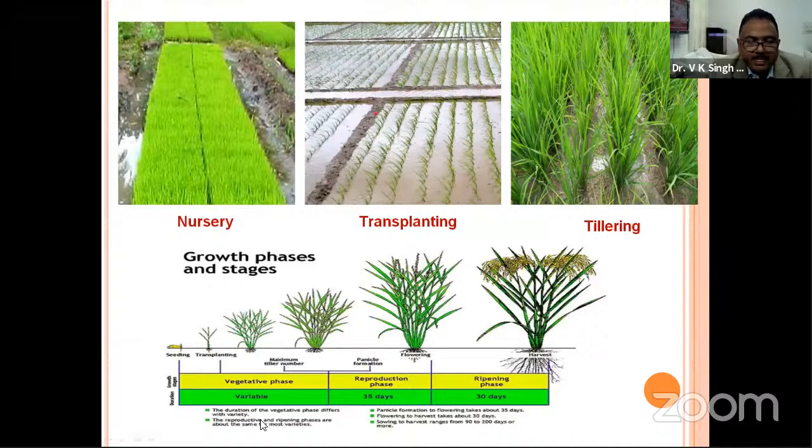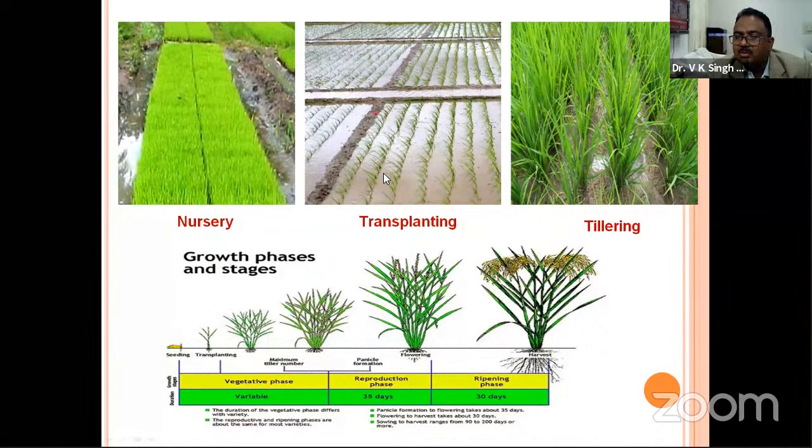Again, see the different phases of rice. This picture you might have seen. Once we transplant the rice crop, what happens? The recommendation is you apply nutrient here, but there is no need to apply. Many of the farmers themselves evolved and found that they are transplanting, but after 10 to 12 days they are applying nutrients.